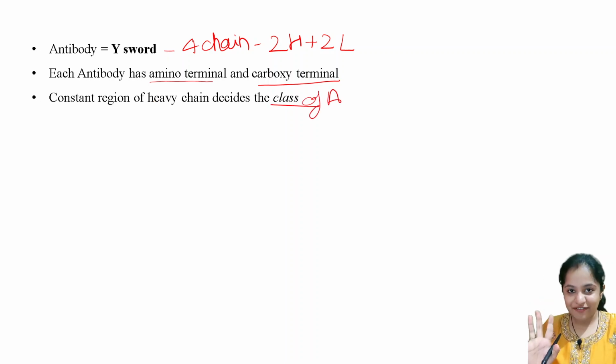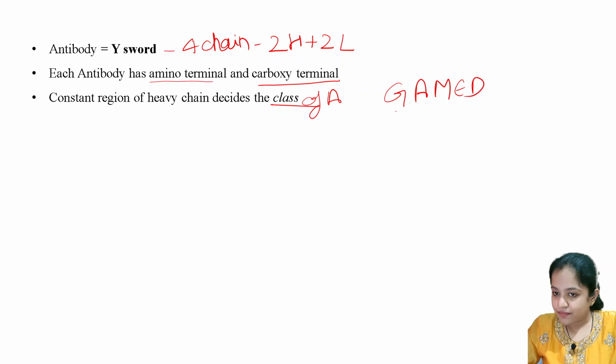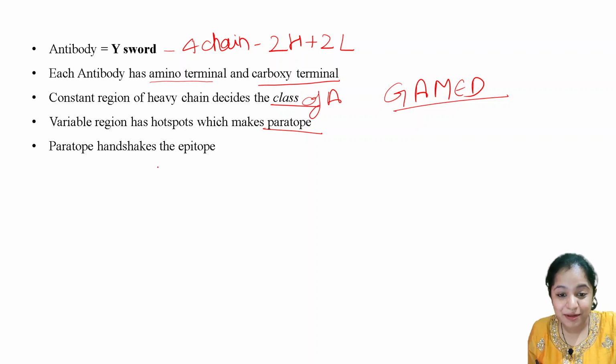Okay, 5 classes: IgM, IgA, IgG, IgD, IgE. To remember, the mnemonic is GAMED. Clear? Next, the variable region has hotspots which make the paratope. And what does this paratope do? It handshakes the epitope. It grabs the epitope. Okay. Clear? I hope this was helpful.